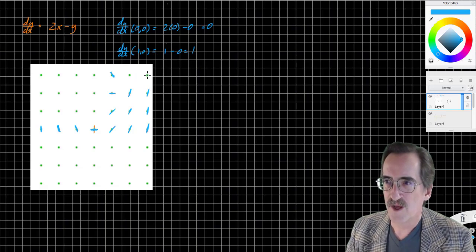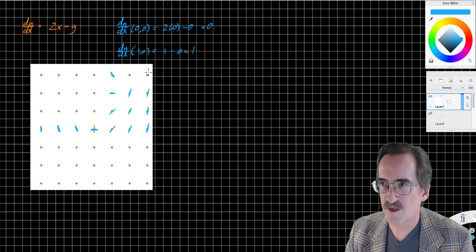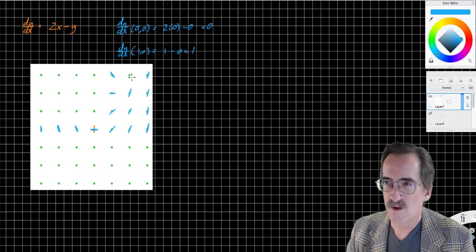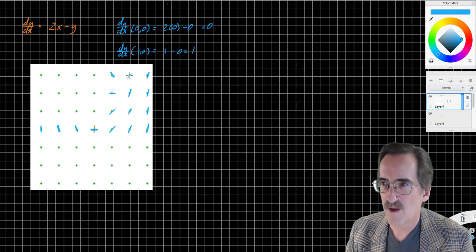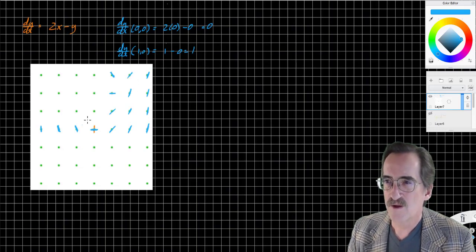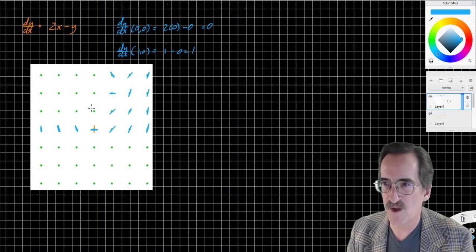And (3, 3): 2 times 3 is 6, minus 3 is 3. (2, 3): 2 times 2 is 4, minus 3 is 1. And let's do some of these here. This point is (0, 1): 2 times 0 is 0, minus 1 is negative 1.